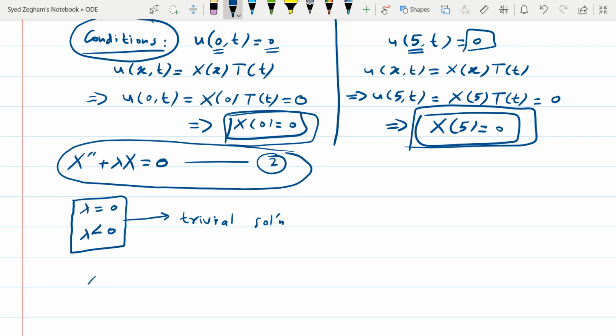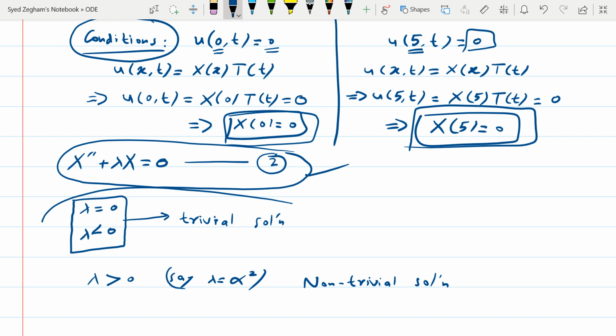Only when I have lambda which is positive, let us say lambda equal to some alpha square, this case only gives us a non-trivial solution of equation number 2.